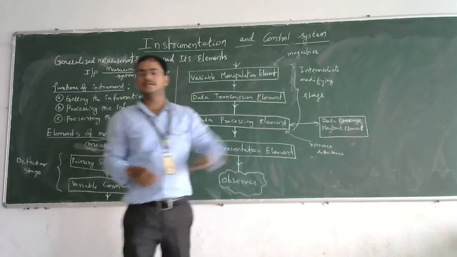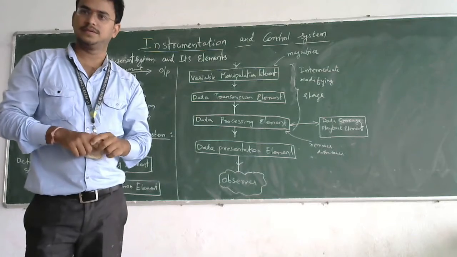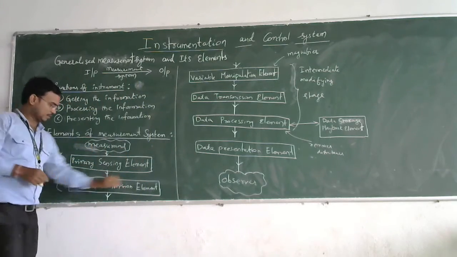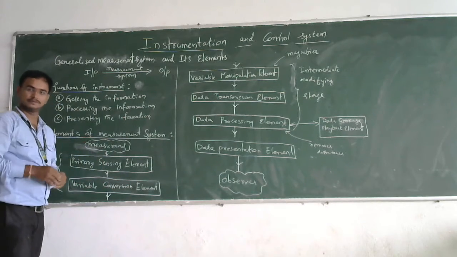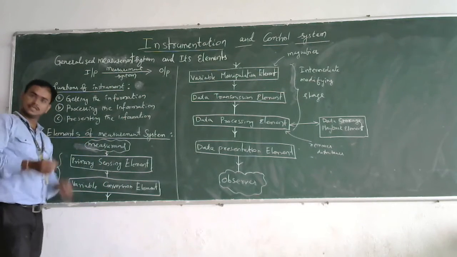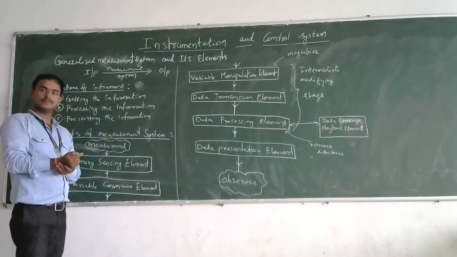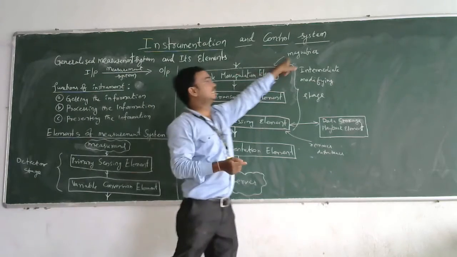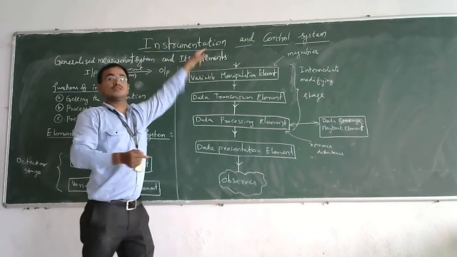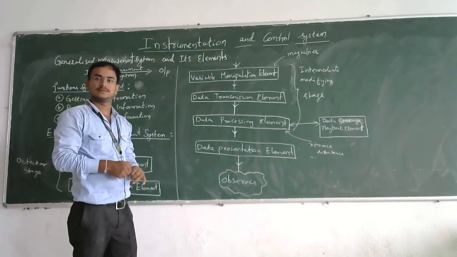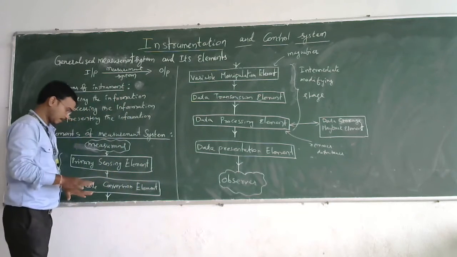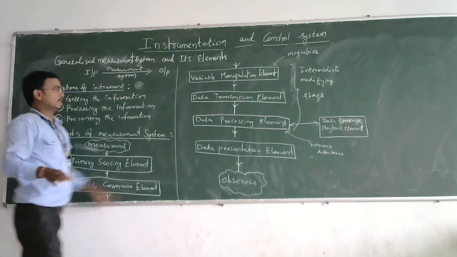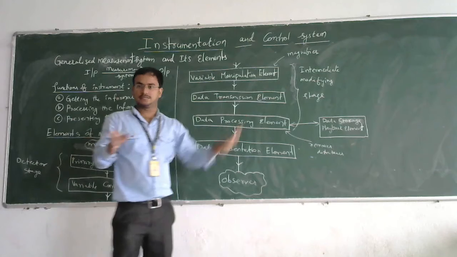Next, variable manipulation element. Here, the variable conversion element has converted the signal, but after conversion, the signal still seems to be very small. Then what has to be done? There must be an element which can magnify the input signal. If the signal which is coming out is suitable, then we don't require this manipulation.